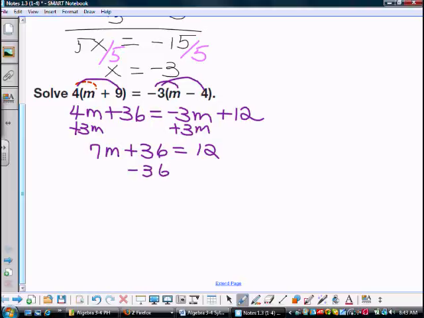Subtract 36 from both sides and get 7m equals negative 24. Have I done all my additions correctly?